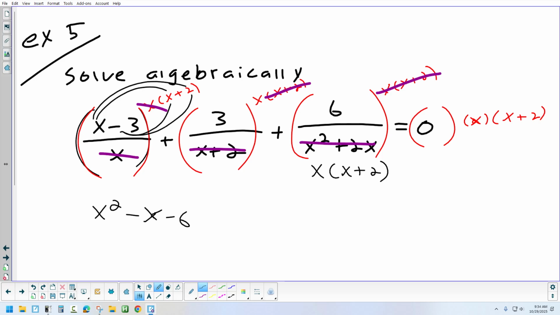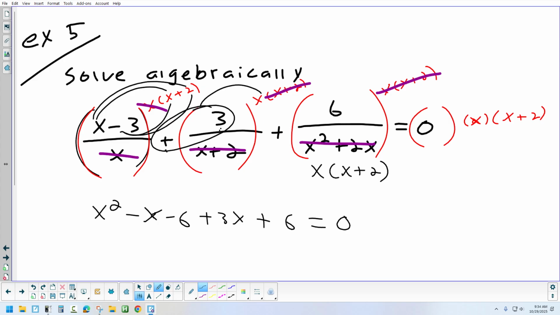Now remember, in the next part, what you would be distributing is positive 3. That gets distributed to whatever is left here. So don't forget about that sign going with that number. But it's just positive 3 times x. So plus 3x. And then plus 6 because the entire denominator is gone.